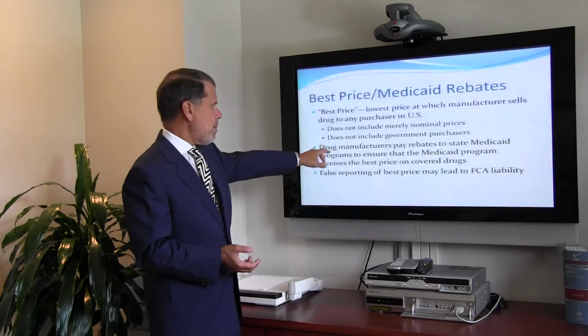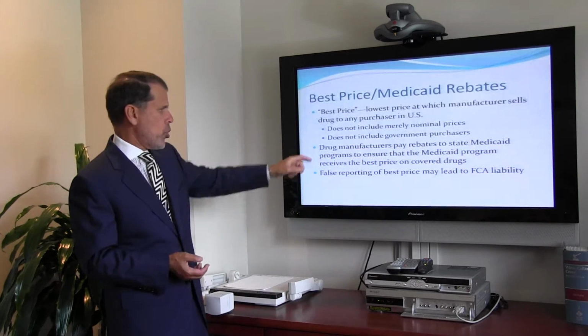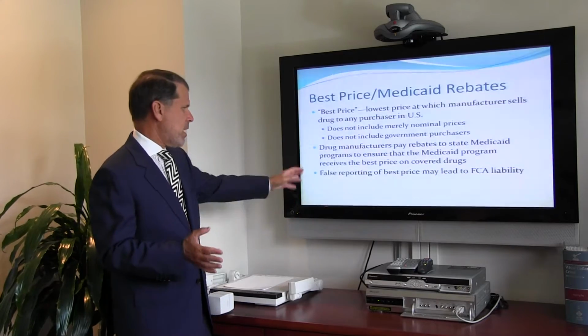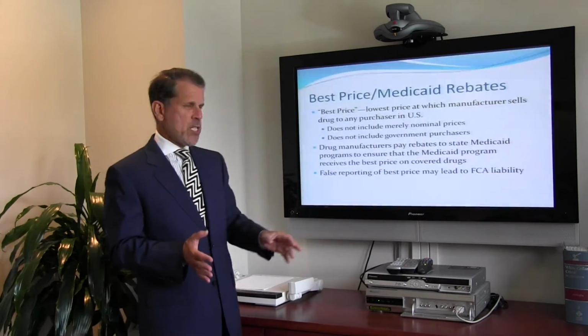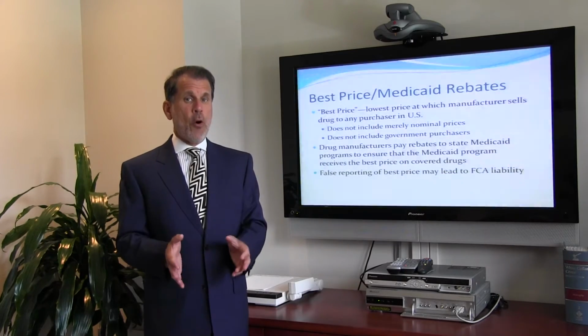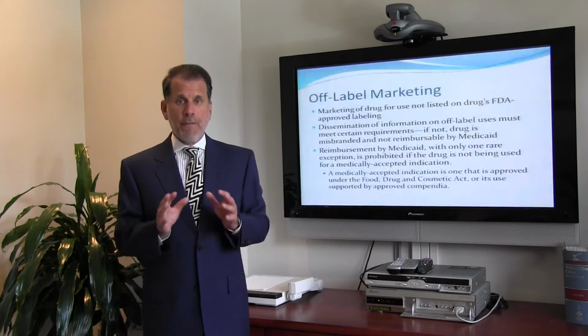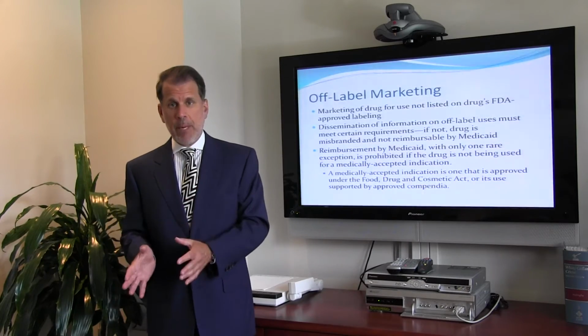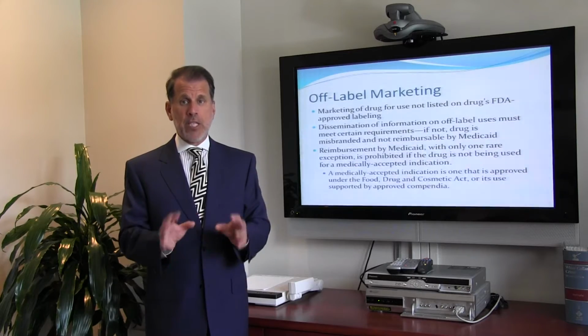Now, drug manufacturers pay rebates to state Medicaid programs to ensure that the program receives the best price on covered drugs. False reporting of best price may lead to False Claims Act liability. The bottom line is whether the pharmaceutical companies like it or not, they have to give the government the best price.